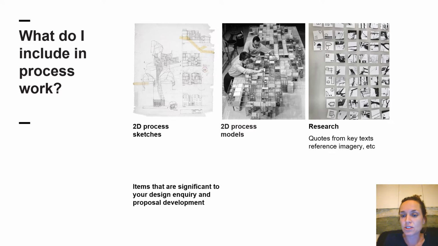It could be research, so it could be quotes from key texts that you've written. It could be images that you've found. It could be photos that you've taken from site that were really important. What you need to remember are items that are really significant to your design inquiry and the development of your design proposals.